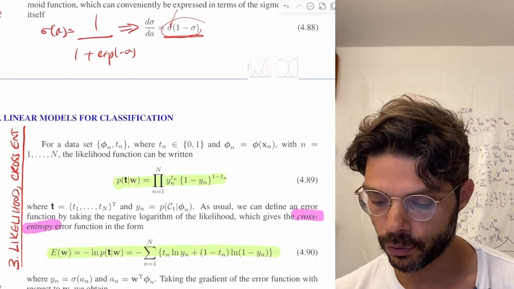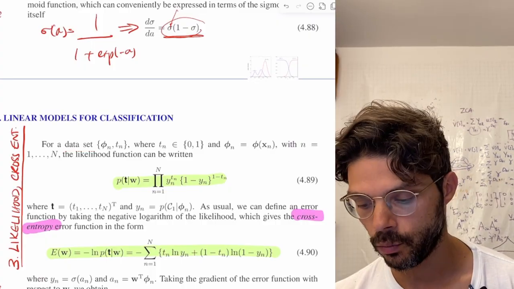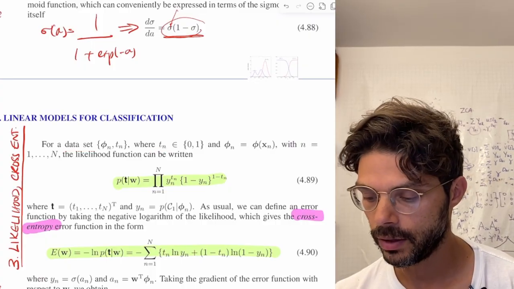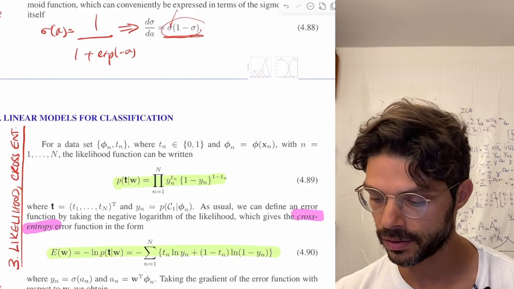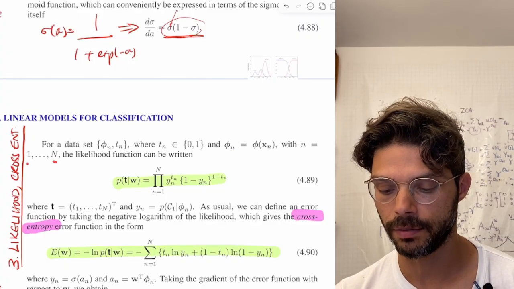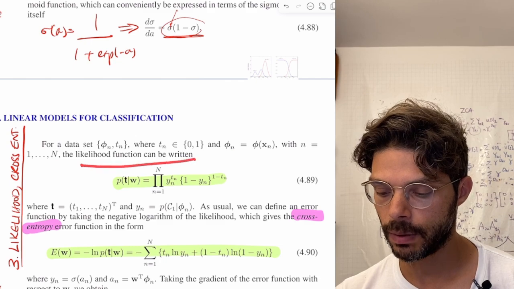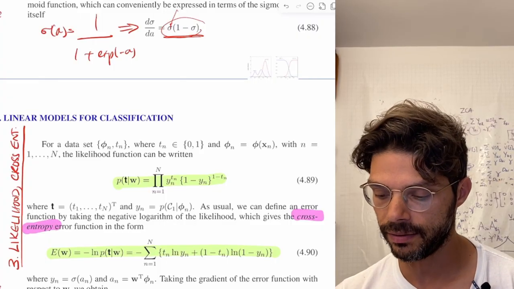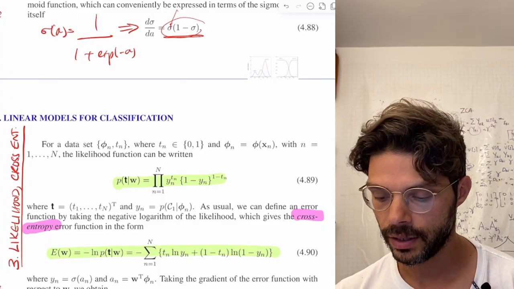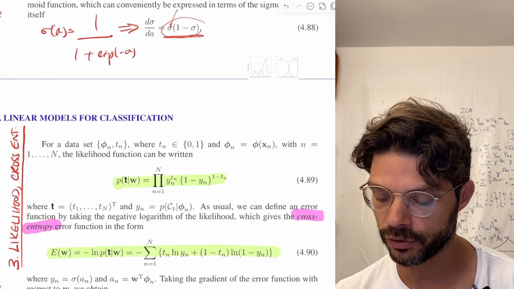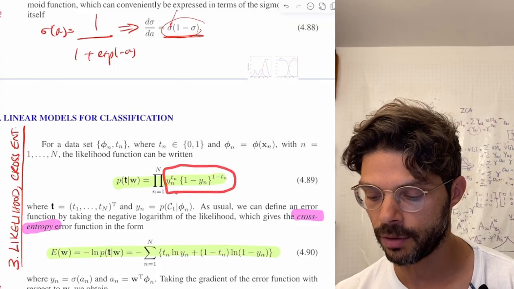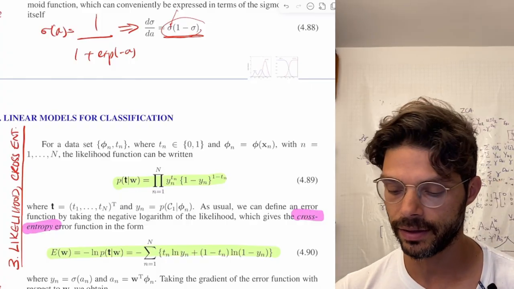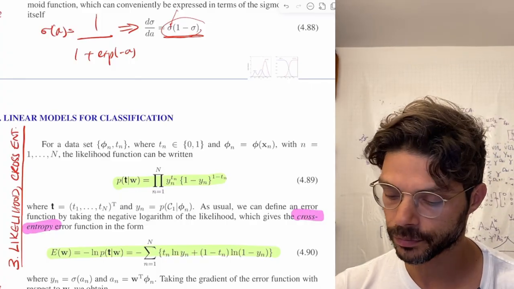So for a data set phi_n, t_n, where the t_n's are the labels, which are binary, and the phi_n's are the feature vectors and they're fixed, with n equals 1 to big N, the likelihood function can be written as this, right? So we're assuming all of the samples are independent, and so it's the product of the likelihoods of the individual terms, and those individual terms have a likelihood that looks like that. Why is it so?